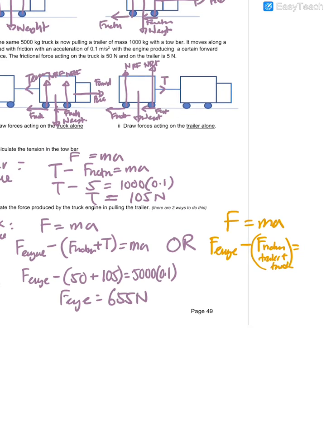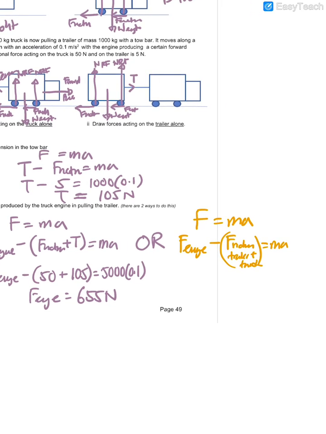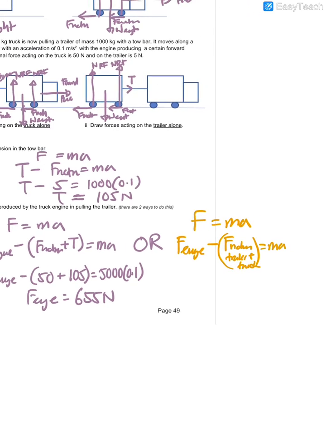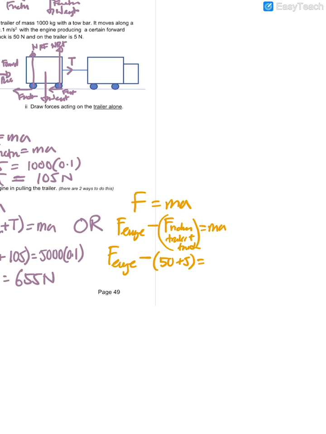Not 0, but it cancels out. Dylan, you gotta watch out. Sometimes you forget that there are two frictions, because trailer and truck. Shahir, how much is the total friction? 50 plus 5, 55. Then the next thing, you also gotta be careful with the mass. The total mass, how much is it? 5,000 plus 1,000, 6,000.